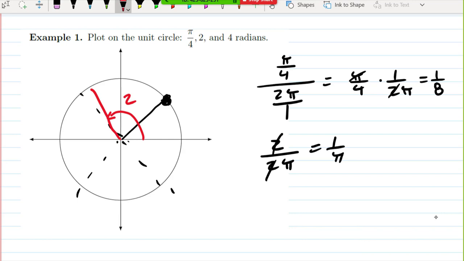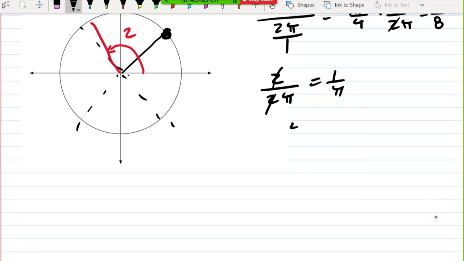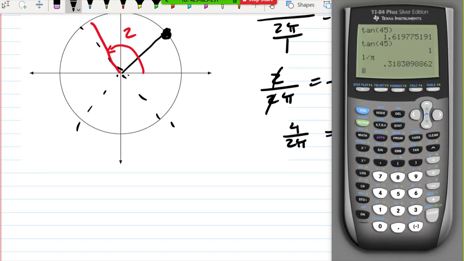Similarly, if we did the same thing with 4, that's going to be a similar proportion. So 4 over 2 pi would give us 2 over pi. And on our calculator, if we go 2 divided by pi, well, what percent of the circle would we go around? 63%.